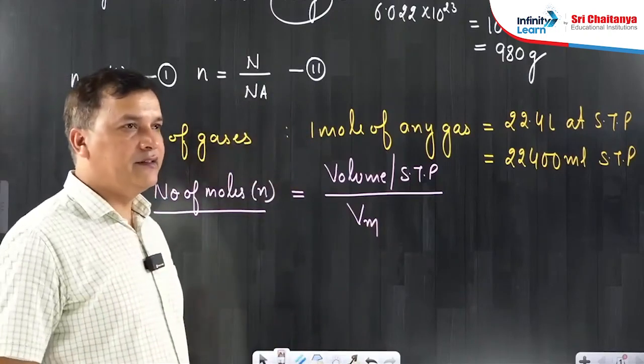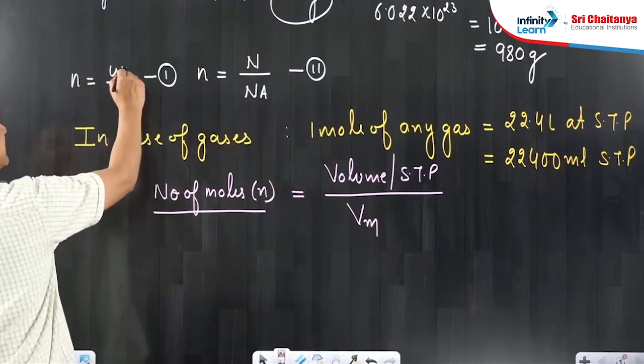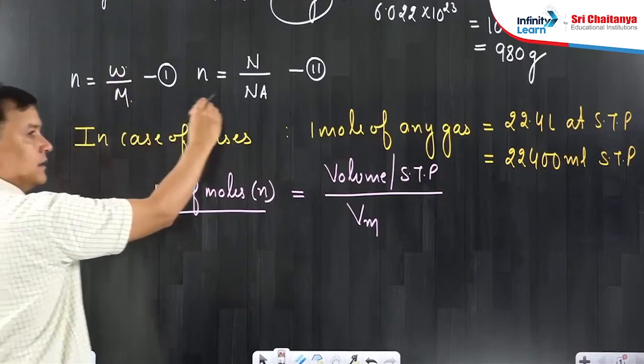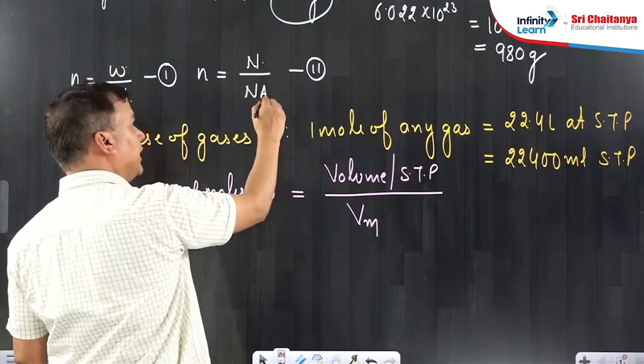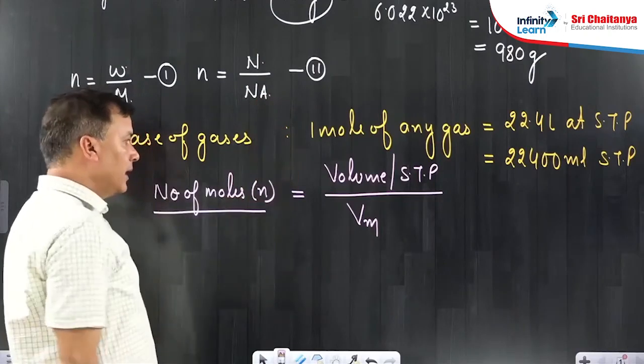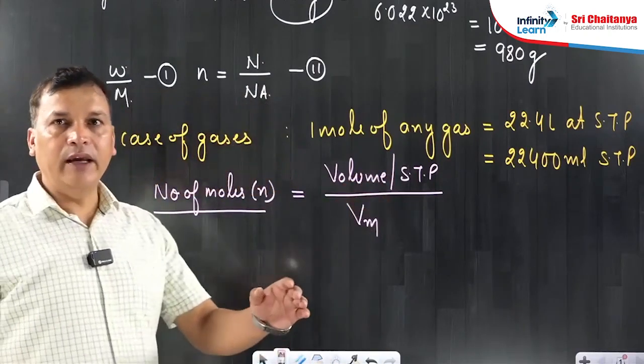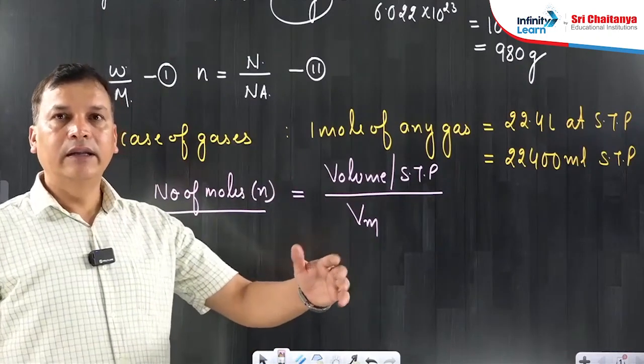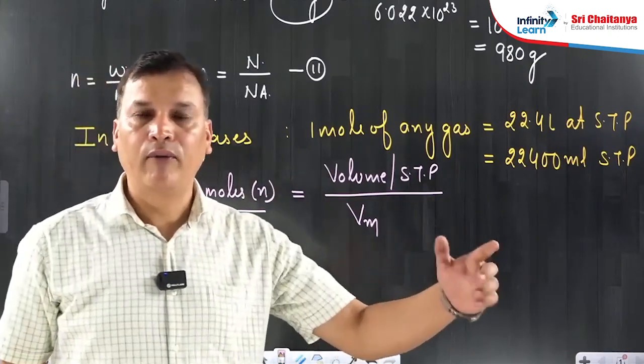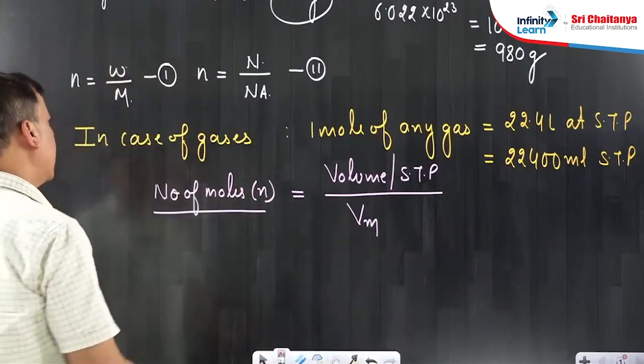Let me revise, dear student. Mass is divided by molar mass. Particles are divided by molar particles. And volume is divided by molar volume. So we can convert the given quantity into the number of moles. Am I clear or not?